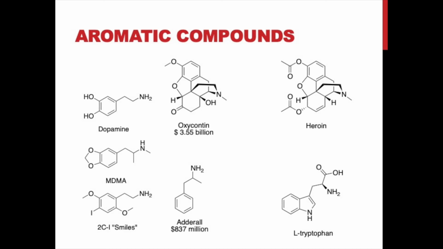You have to, if you publish your paper. Drug dealers go through his papers and make the compounds that he talks about. Then they try to see which ones give a good high, or which ones are easy to make that they can sell. And that gave us 2CI smiles.